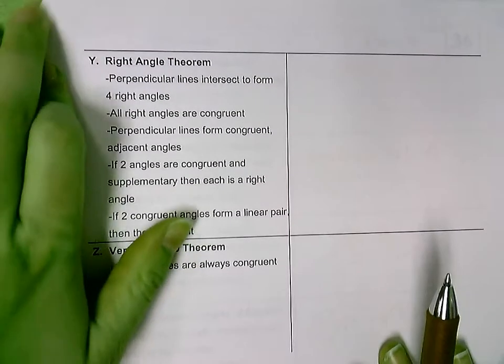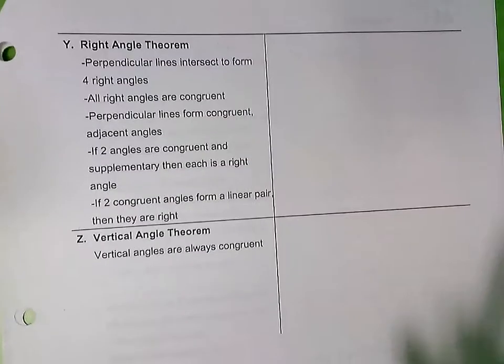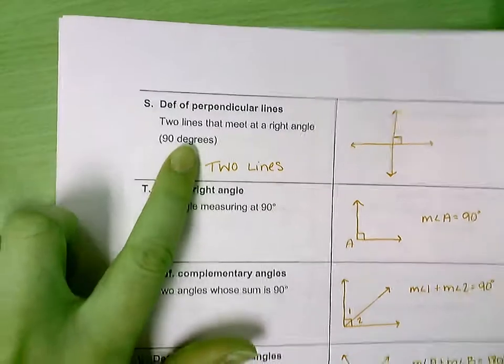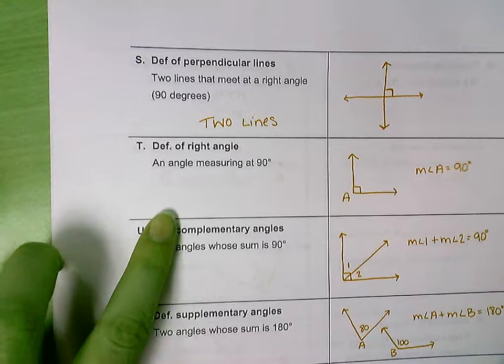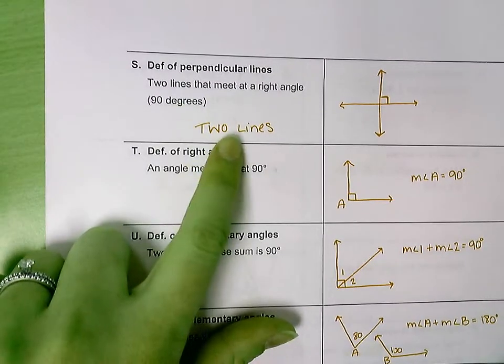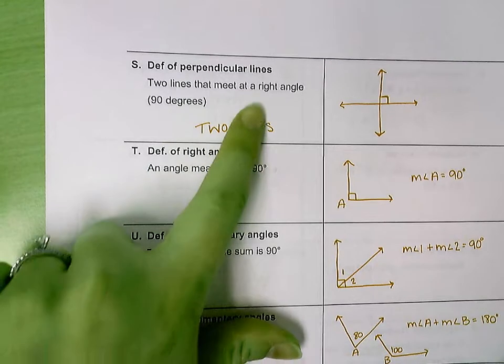Yeah, the next one is long, but it's stuff you already know. So the right angle theorem has to do with right angles. This is another one where you may confuse it with the definition of perpendicular lines or the definition of a right angle. Recall, for that one you need two lines that form a right angle.